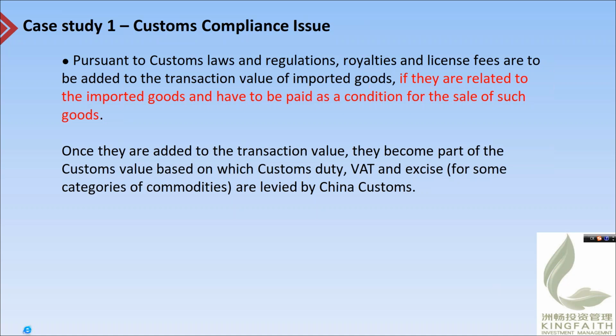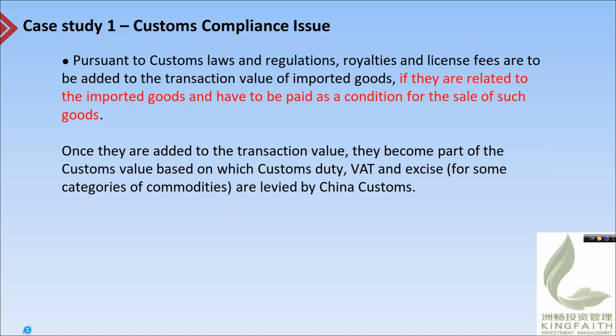Usually this point is ignored by importers and even multinationals in their management of cross-border transactions. They are not aware that they have to declare the payment of royalties.